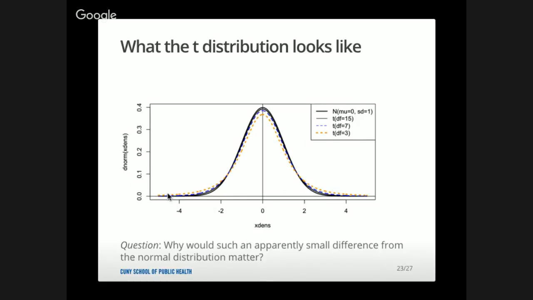Think about, I know we haven't covered hypothesis testing in terms of probability distributions yet. But when we do hypothesis testing, we're going to be calculating the probability in the tails of this distribution.